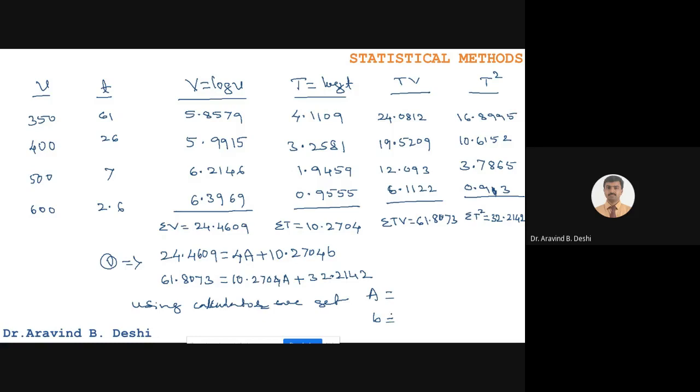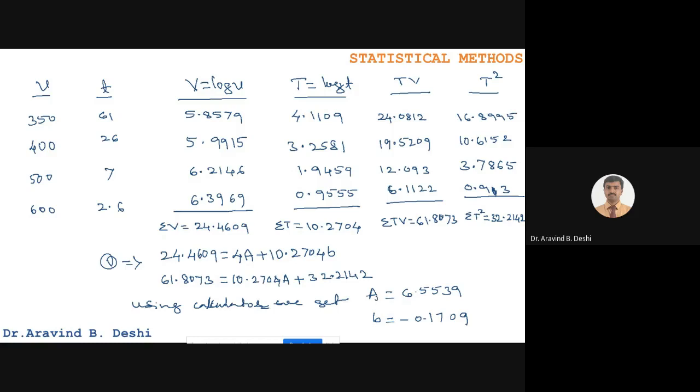Therefore, capital A is 6.5539 and small b value is minus 0.1709.